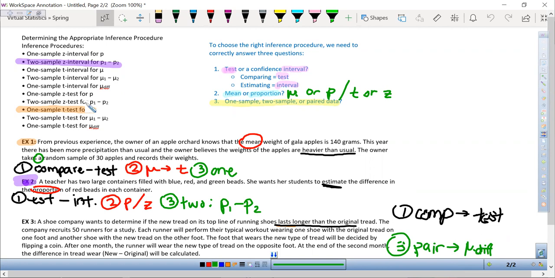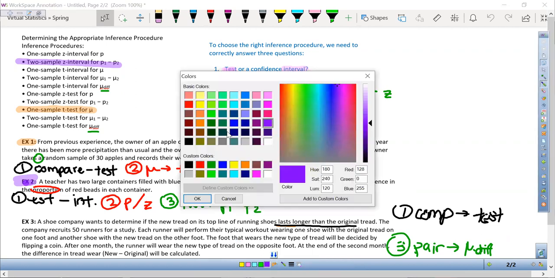So if I'm looking at the problems, there's only 2 that have a mean difference, right? And that's either a 1 sample t-test or a 1 sample t-interval. So we're doing the test. So that means that our result will end up being, sorry, I'm just trying to pick a different color. Let's do this color.